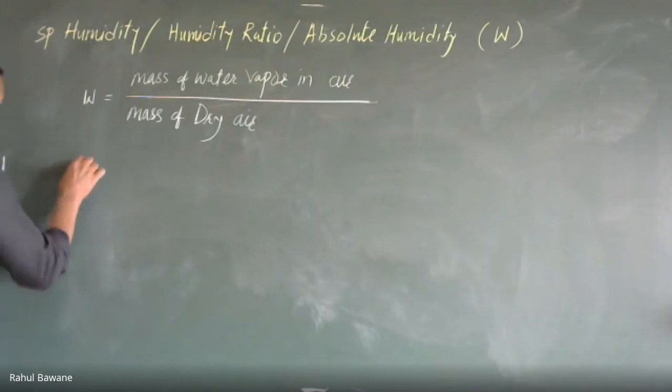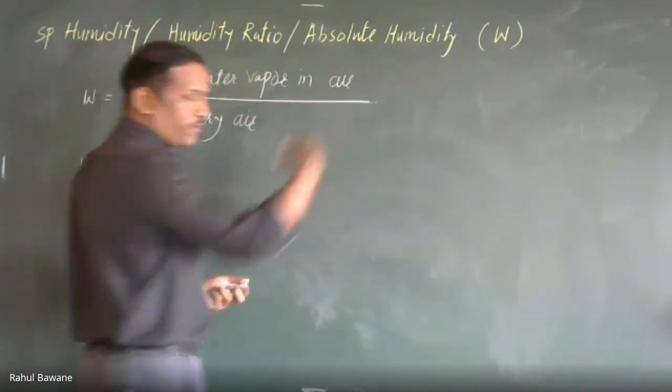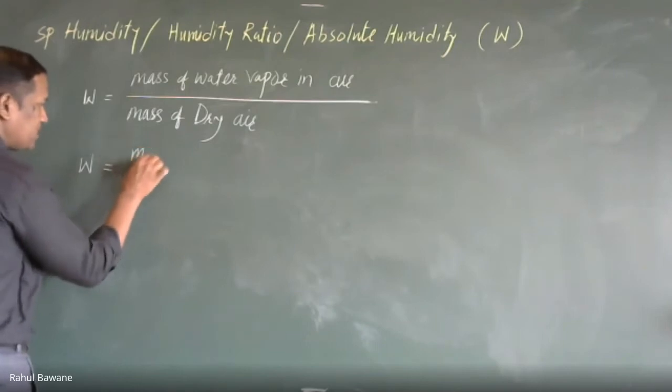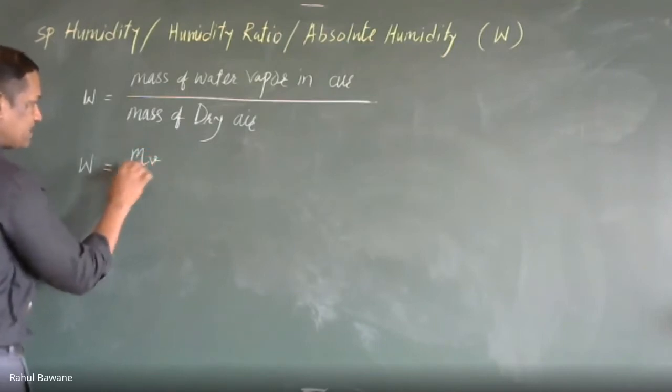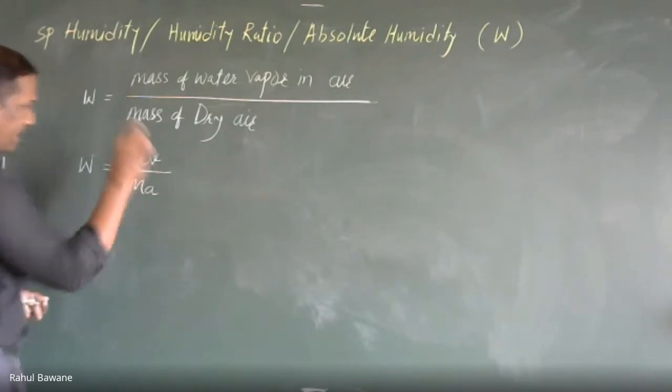So in short, whatever be the mass of your total air, in that total air there is an amount of mass of vapors and an amount of mass of dry air.